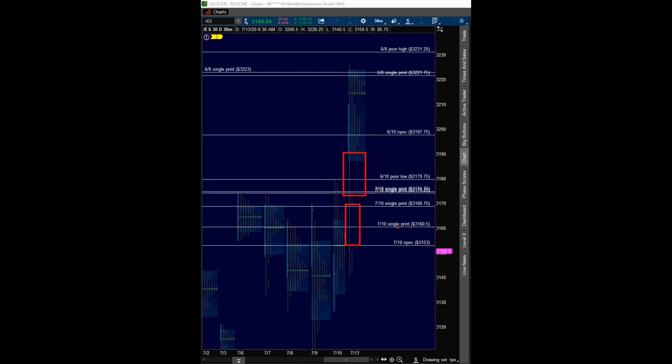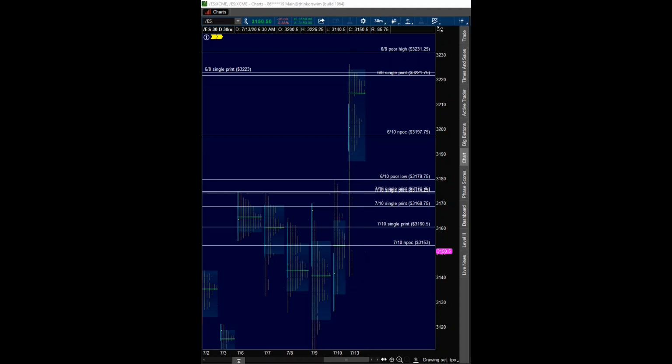Tomorrow, maybe the next few days, we don't know. But if the price comes back into this area, then we have some reference point or target for us to monitor. Okay, so I think the high and the low are pretty clean.